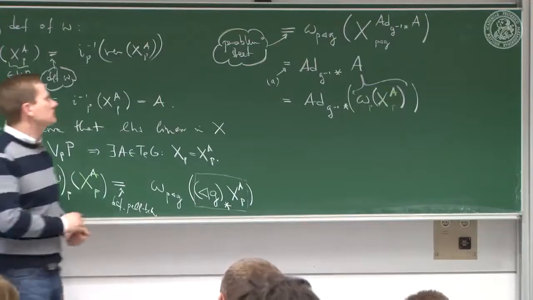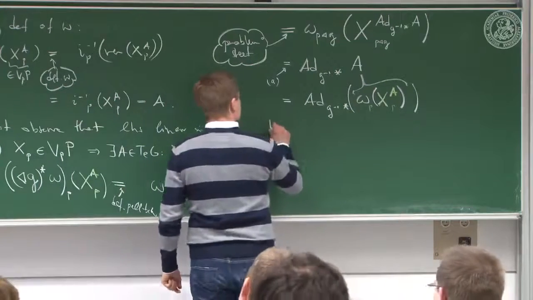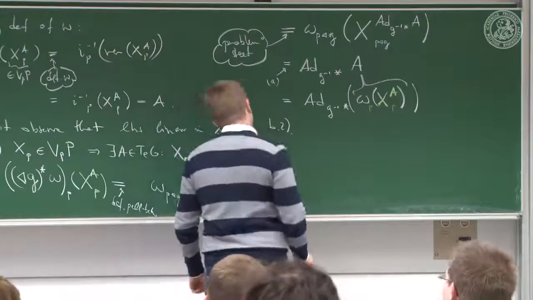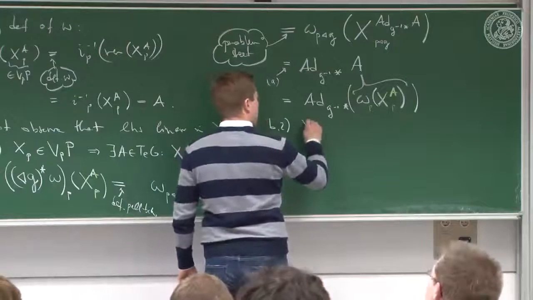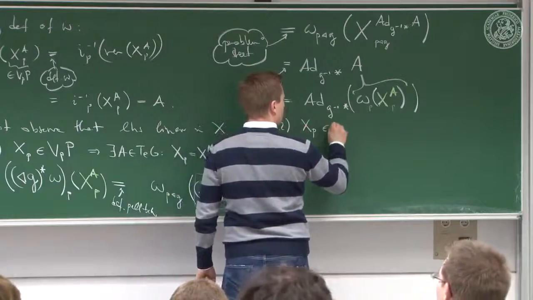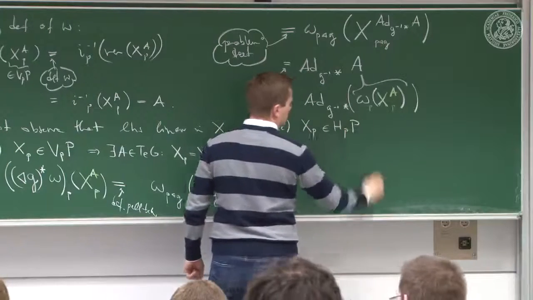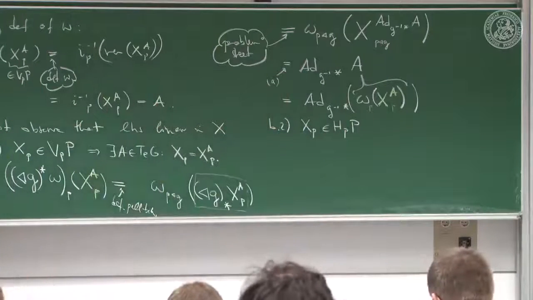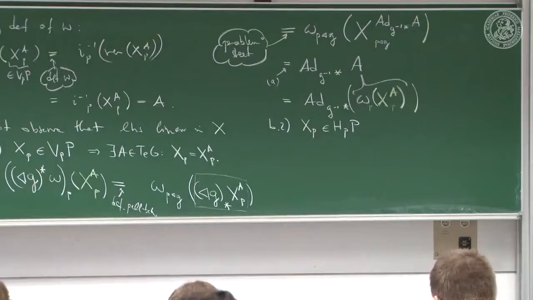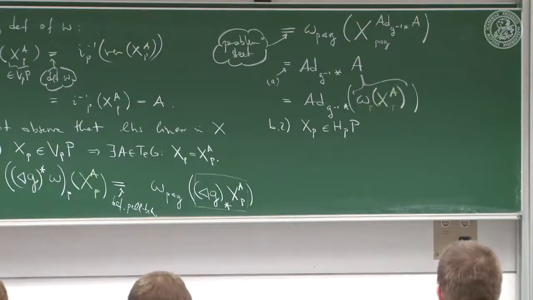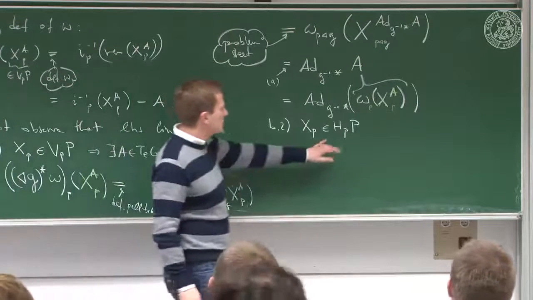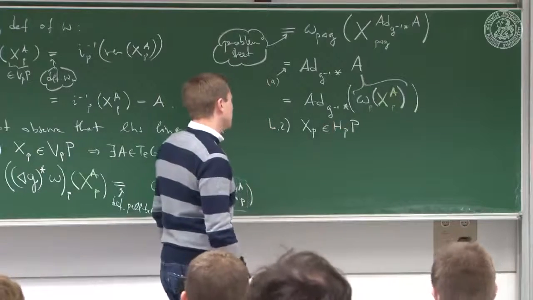Okay? So that's this. Then B2 would be the choice X_P is in the horizontal subspace. Well, that's the only other possibility. And by linearity, as I argued in the beginning, it suffices to show this separately.